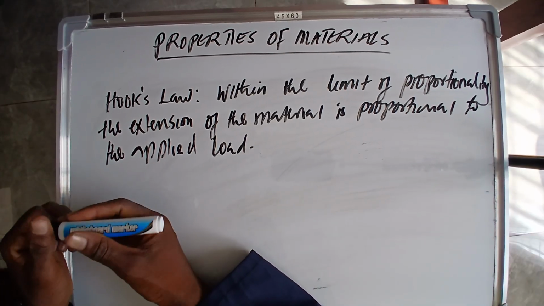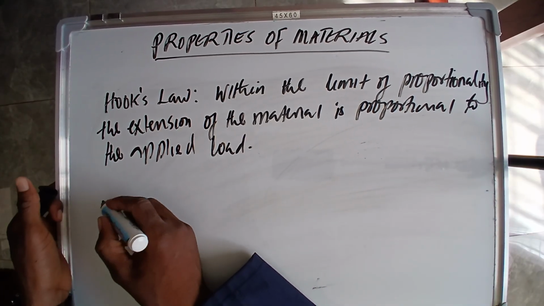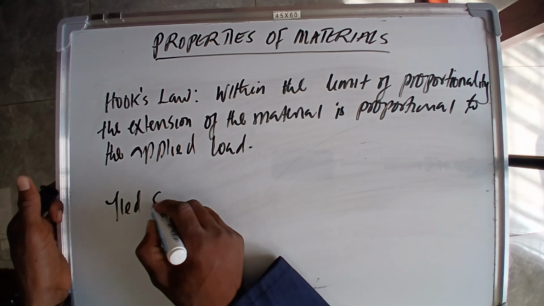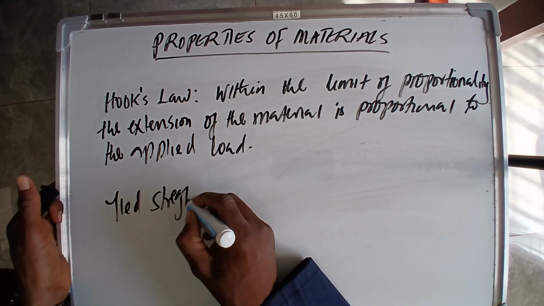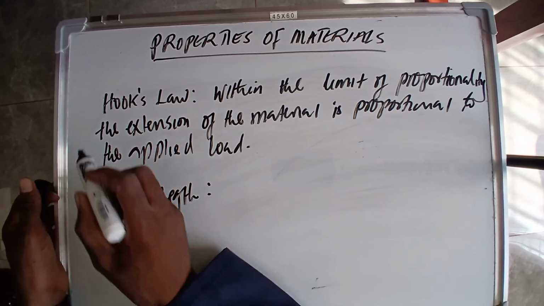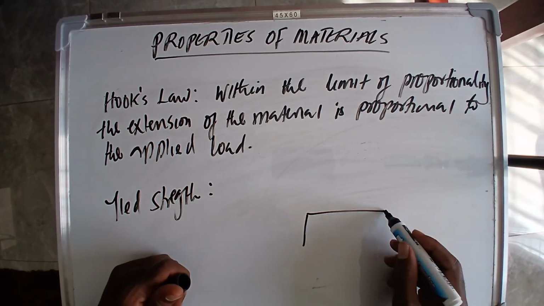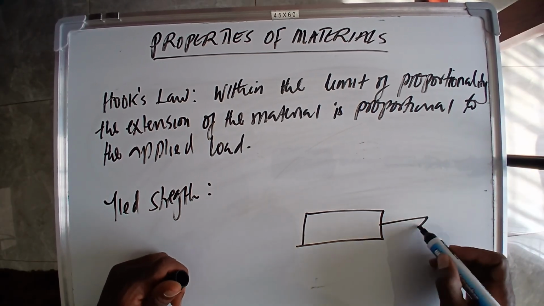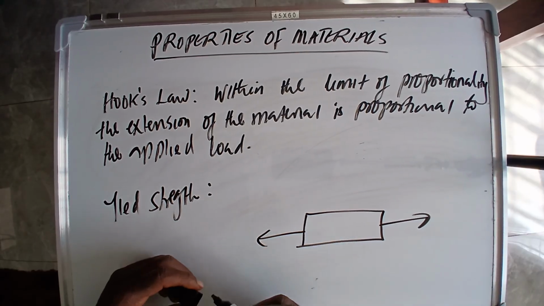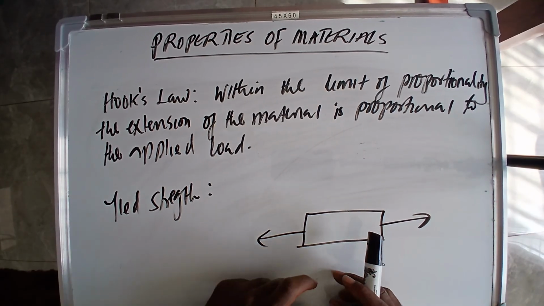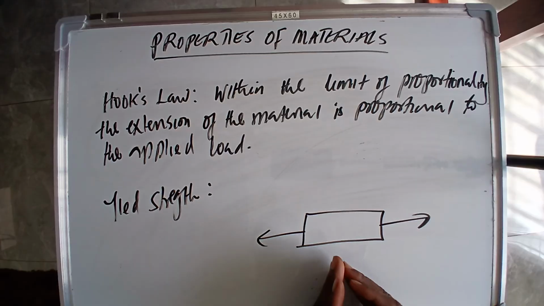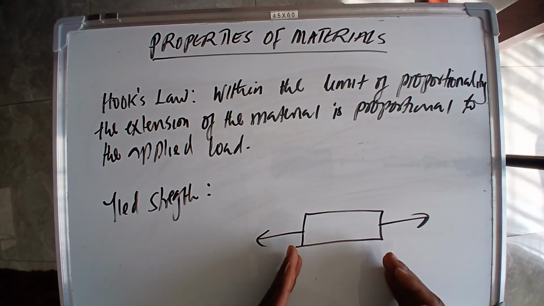Then we have yield strength. That's now in relation to Hooke's law. When a material is pulled, like a spring, you can pull the material to a certain point.